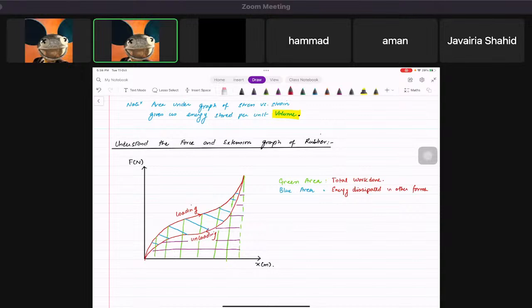And then you have the purple one, which is underneath the unloading one. So we can write that this is the energy recovered, which means this was the energy that helped us unload it completely. Do you guys understand what I just said?